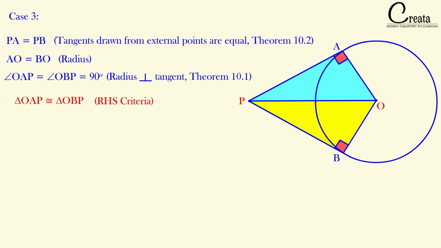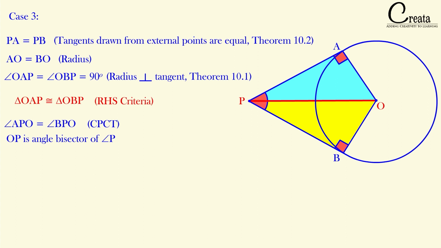This is very important. Whenever you are having the two tangents, then the triangle formed by the tangent, radius and this line will be congruent to each other. Once we got the two triangles as congruent, we can say all the three corresponding sides and all the three corresponding angles will be equal to each other. It means both of these angles will be equal, or in other words, we can also say OP is the angle bisector of this angle. OP is dividing the complete angle into two parts.